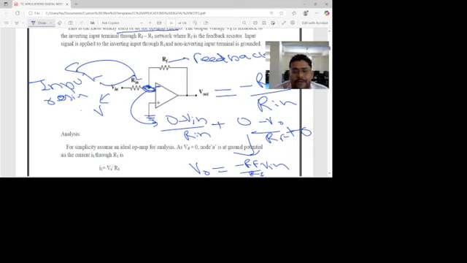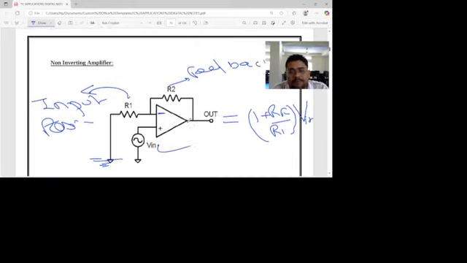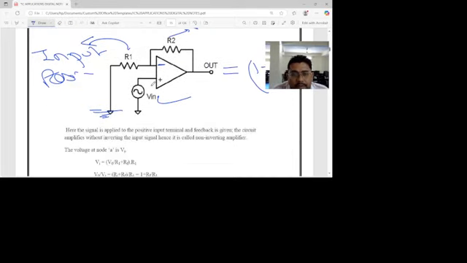In a similar way we can also derive the expression for the non-inverting amplifier. Using the virtual ground condition, the voltage here must be Vin because we have assumed the op-amp is ideal. Both positive and negative terminals have the same voltage.